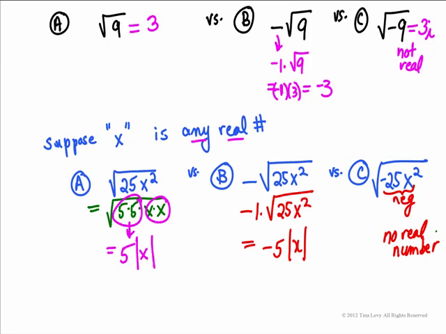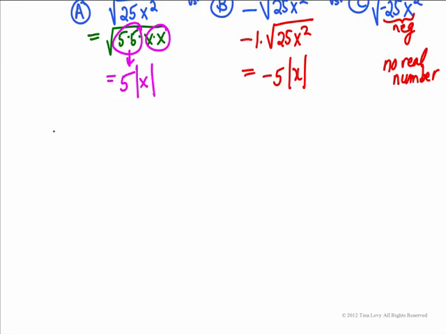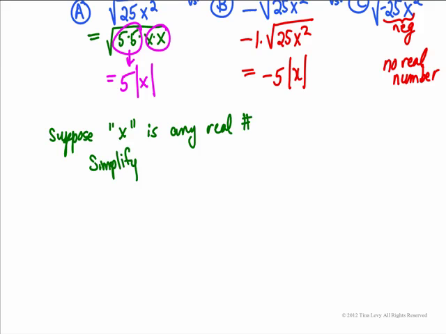So in this case, let's suppose x is any real number, and I ask you to simplify the fourth root of x plus 2 to the fourth power. So this is the fourth root.